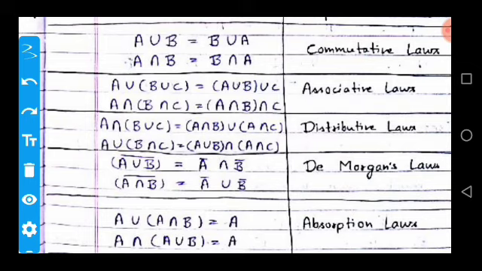The absorption law is based on taking the starting symbol as the same; the repetition of a set is two times, so it is equivalent to A. So it represents your absorption law.